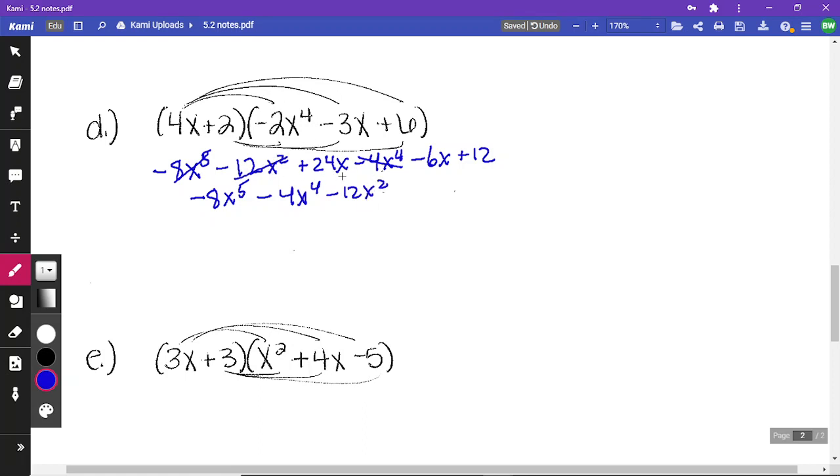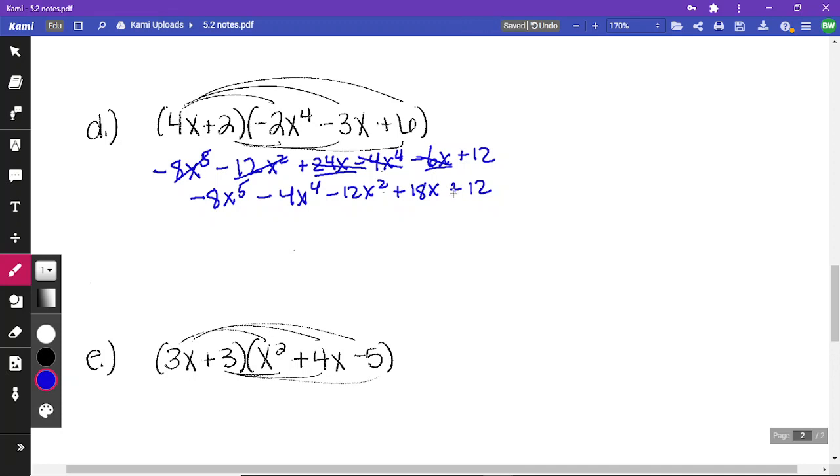And that one's done. And now we see there's a couple times x, right? So 24x minus 6x, that's positive 18x. Okay, and then those two are gone. We've accounted for them. And then the only one left is 12. Okay.